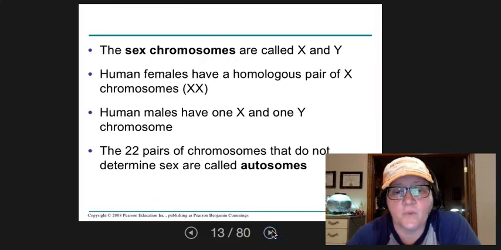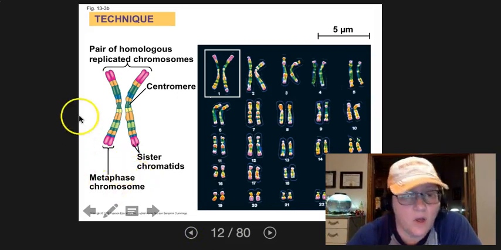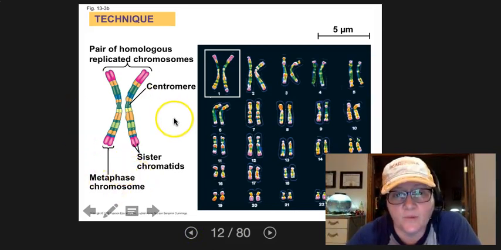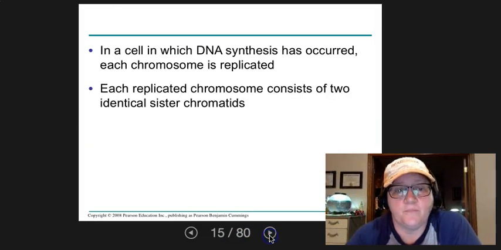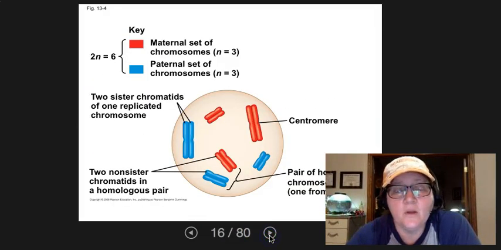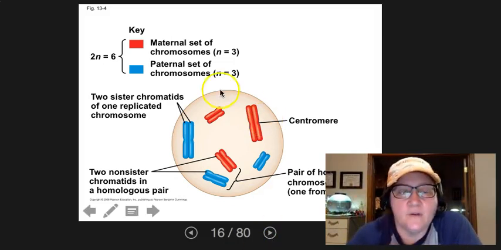Remember, this chromosome is in metaphase. So it already went through interphase, it went through prophase. This is them at metaphase. Here's what we're looking at. We have a maternal set. We call the maternal in red, the paternal in blue.